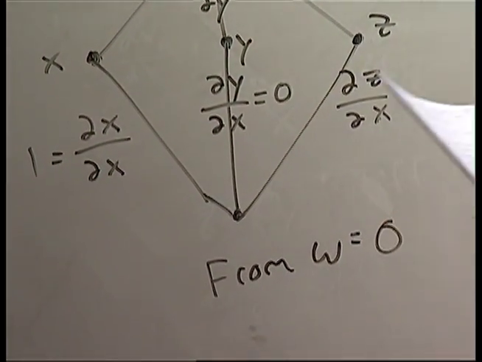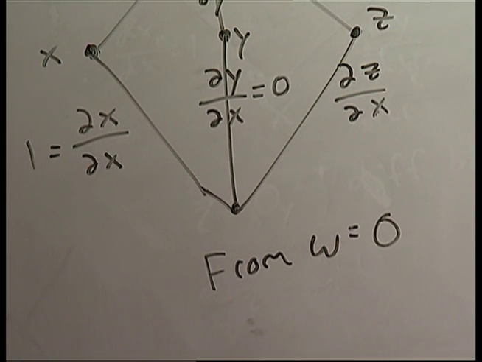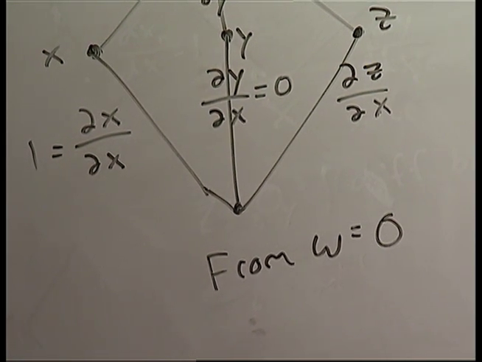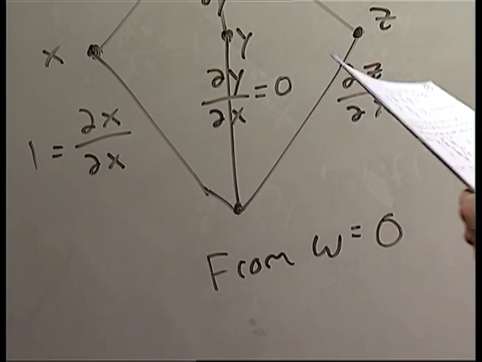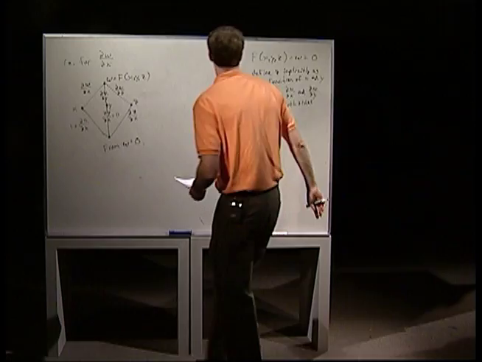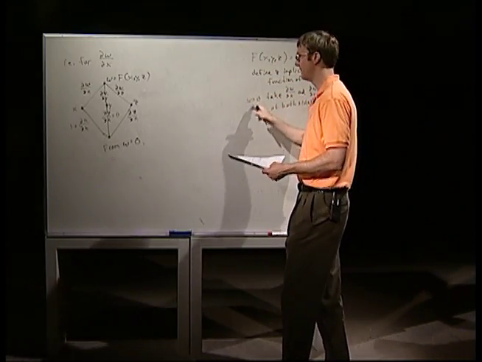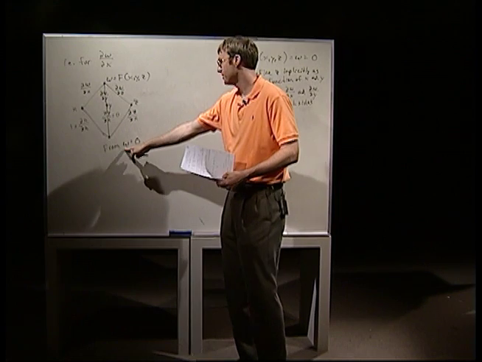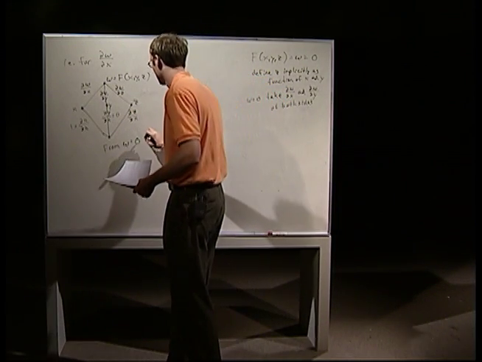So from w equals 0, right, what do we wind up getting here? So we take partial w, partial x of both sides of this equation. On this side, let me write it here.